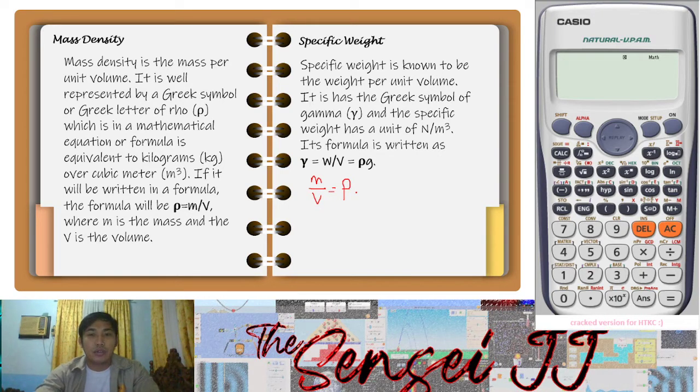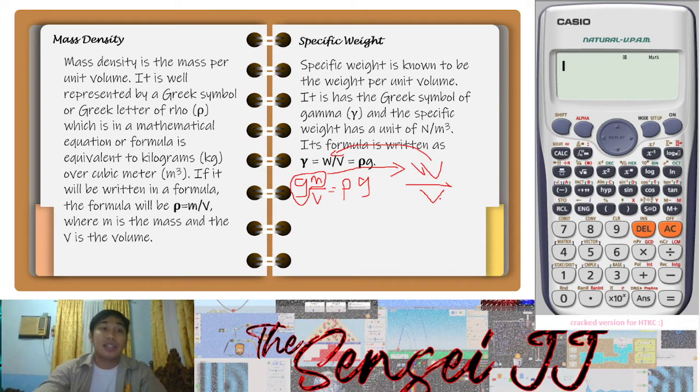If we multiply both sides by gravity, mass times gravity is equivalent to weight. So what happened to our volume? Nothing happened to our volume. It just stayed the same.